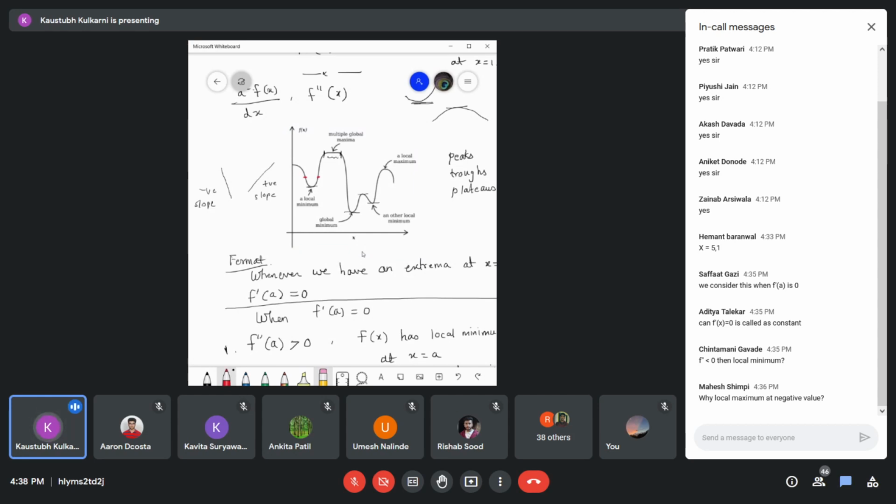Here the slope is negative, then it becomes 0 at the local minimum, and after the local minimum the slope starts becoming positive. You got the point, right?